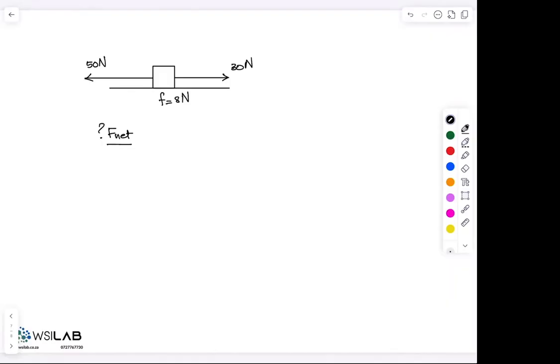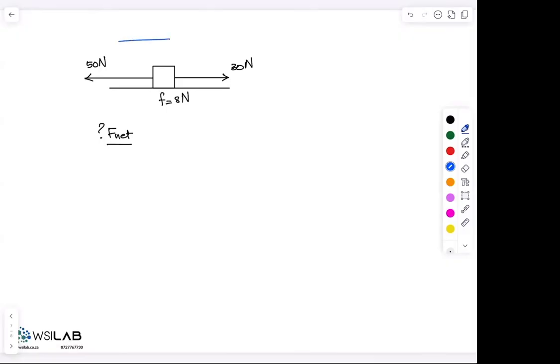Write down the diagram, see what you can do.